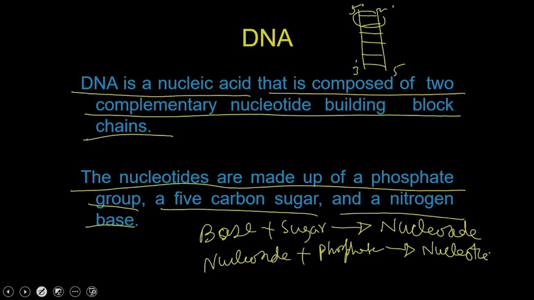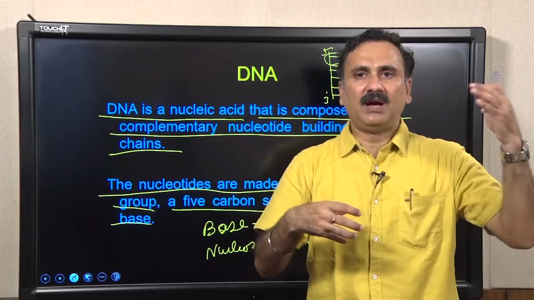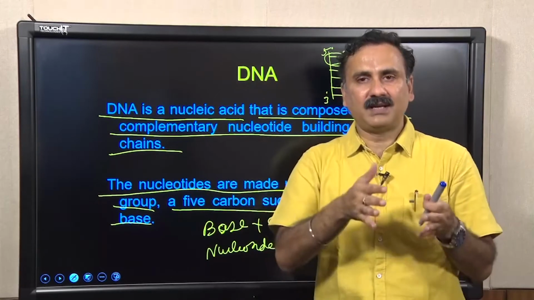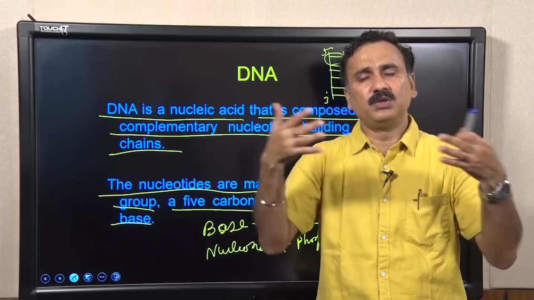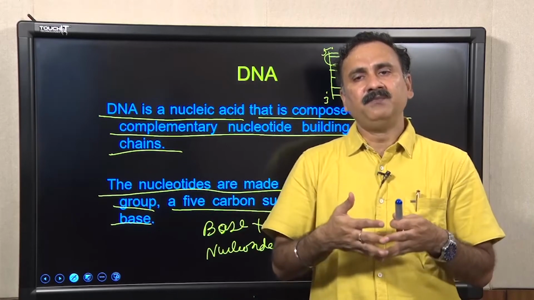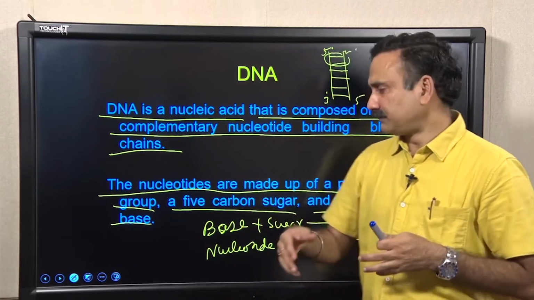So, the DNA is made up of nucleotides. It is actually a macromolecule where you have one chain of nucleotides connected to another chain of nucleotides, and these two chains of nucleotides are complementary to each other.